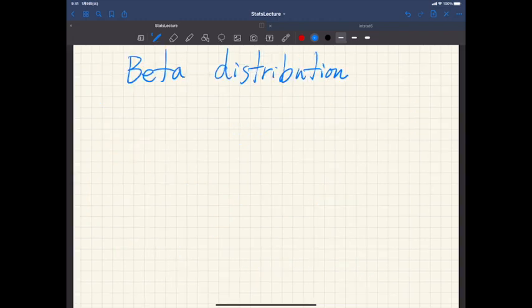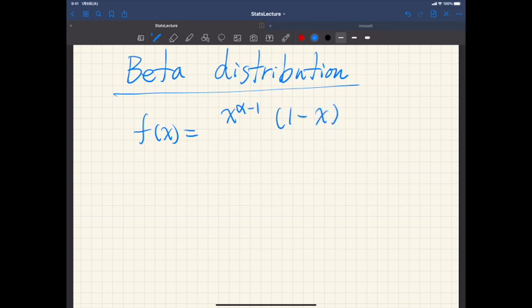Okay, now let me explain the beta distribution. The beta distribution is defined by this density function: x to the alpha minus 1, times 1 minus x to the beta minus 1, divided by B(alpha, beta).